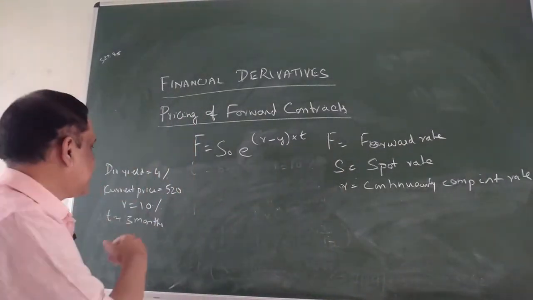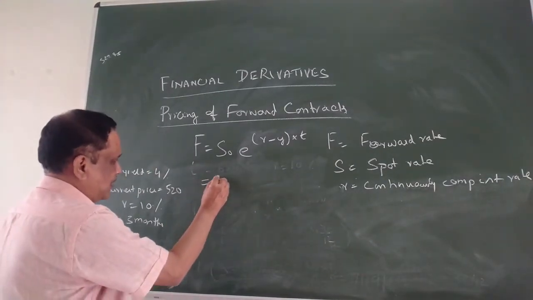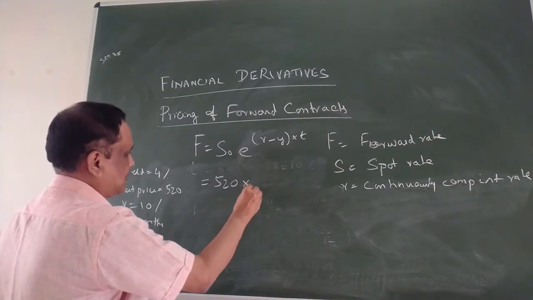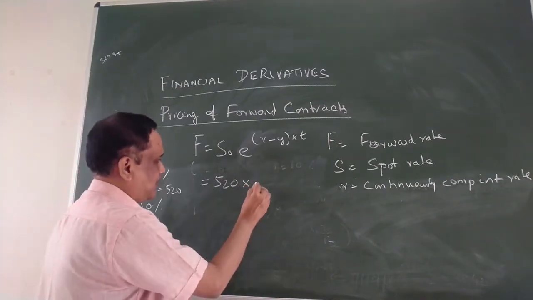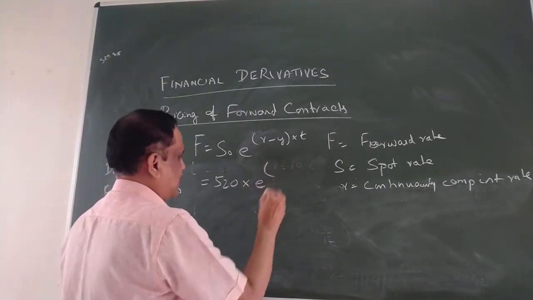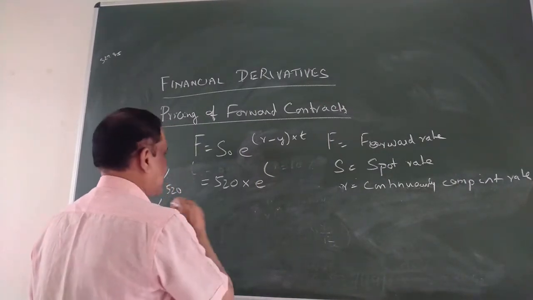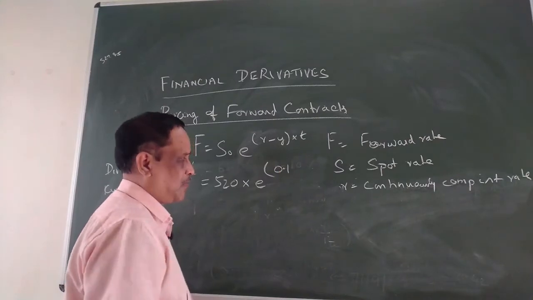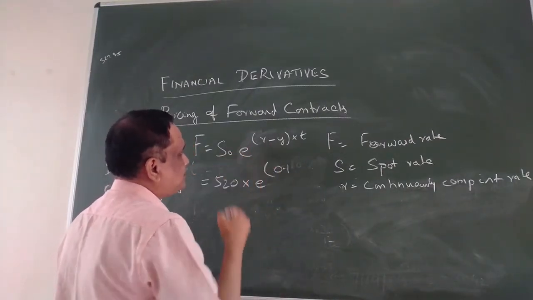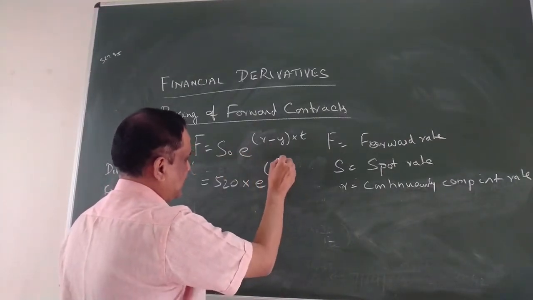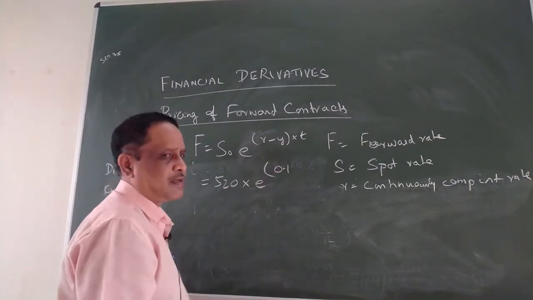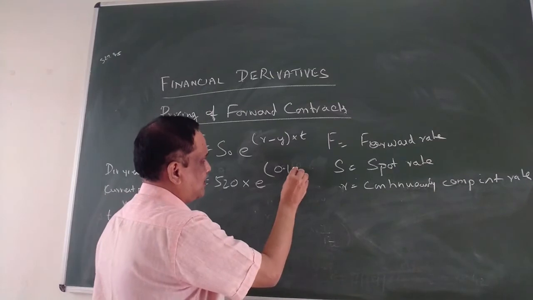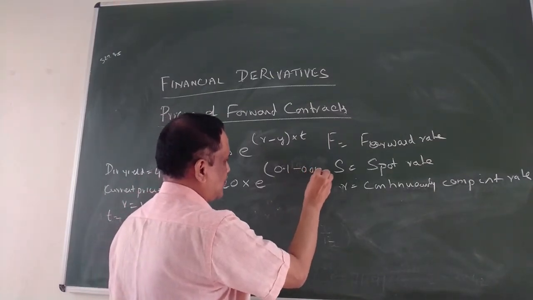In this case, everything is given, we are just applying the formula. This will be 520, the spot value of the index, multiplied by e power, where r is the continuously compounded interest rate, 10%, taken as 0.1, and y is the yield, 4%, taken as 0.04.